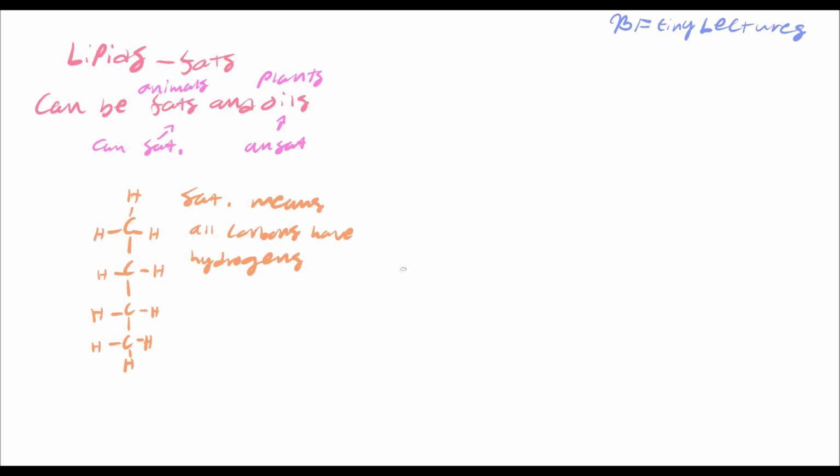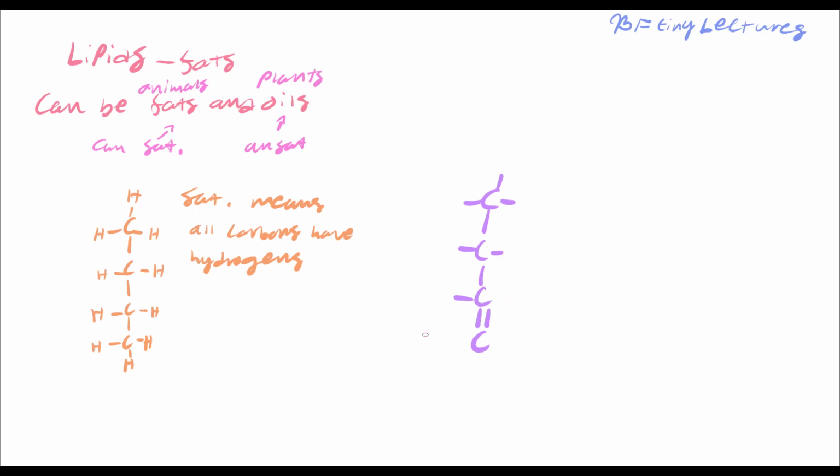Now, what about unsaturated fats? Since we did 4 carbons, we're going to do another 4 carbons right here. But over here, you're going to notice something different. I inserted a double bond. Unsaturated fats always have at least one double bond.